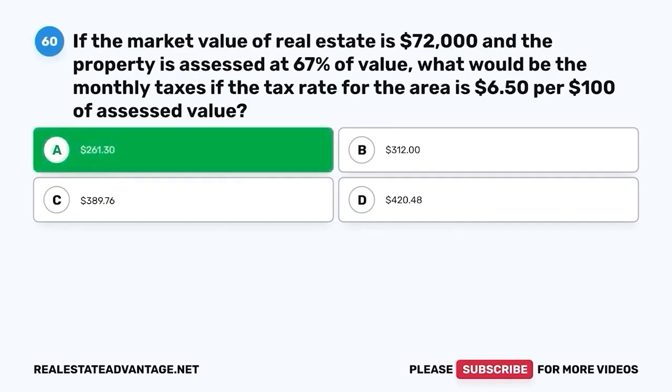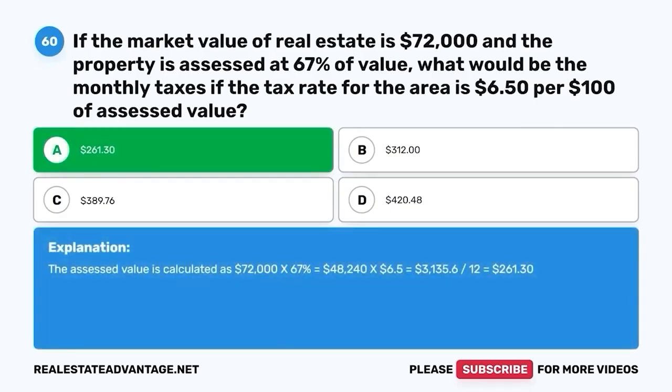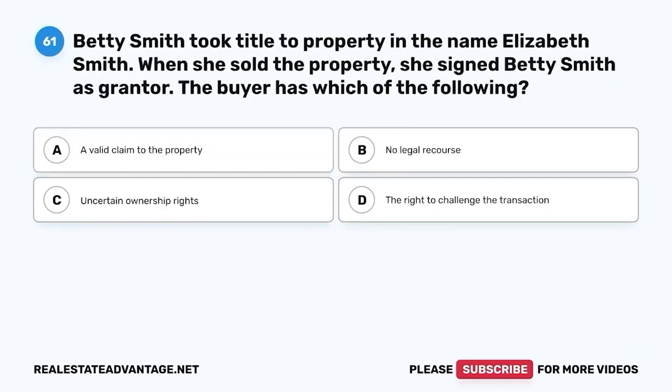The correct answer is A. $261.30. The assessed value is calculated as $72,000 times 67% equals $48,200. $240 times $6.5 equals $3,135.6 divided by 12 equals $261.30.